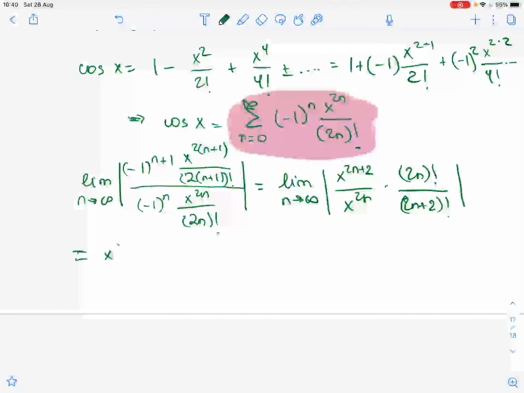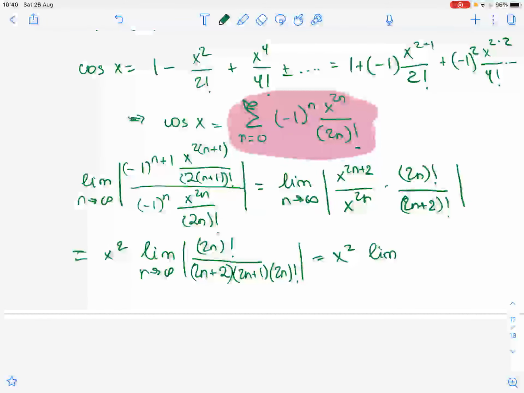So this equals x squared times the limit of 2n factorial over 2n plus 2 times 2n plus 1 times 2n factorial.